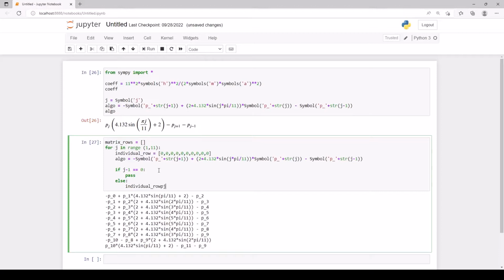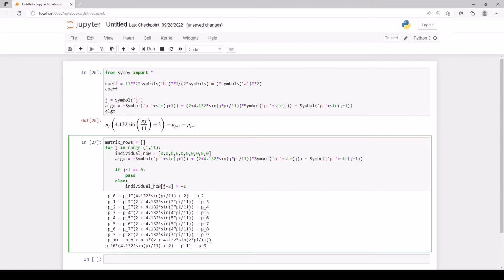I'm going to change the j minus 2 element to equal negative 1. So the j minus 1 element, the coefficient in front of it, is always negative 1, and it's going to go into my matrix.